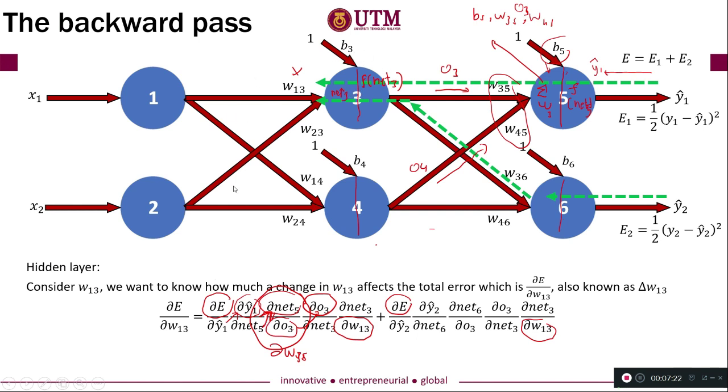Okay, I think it's the same with this component. You can see that here we use del net 6, which is here. We don't do the derivative with respect to W36. We do it with del O3, because O3 is the only variable that could extend the chain rule from here to here. Okay, so that's the reason.